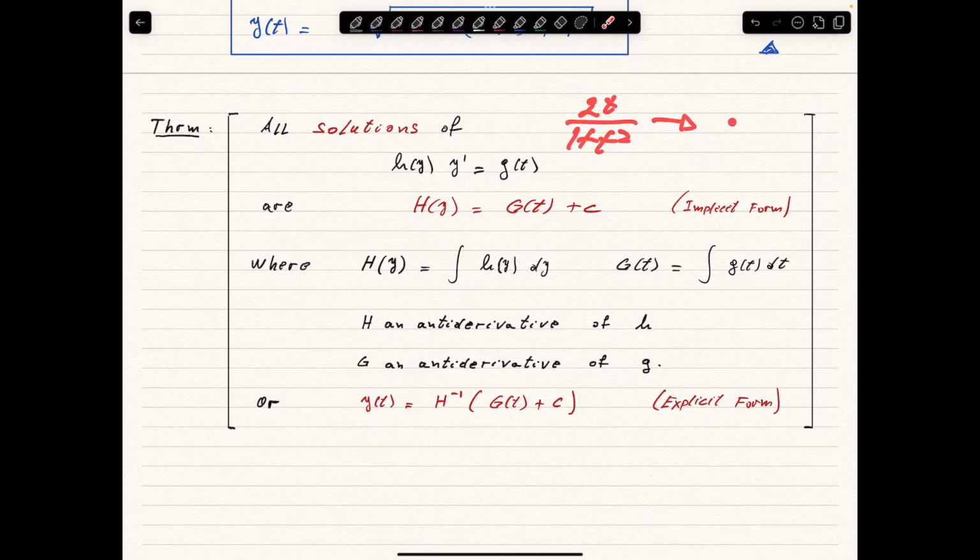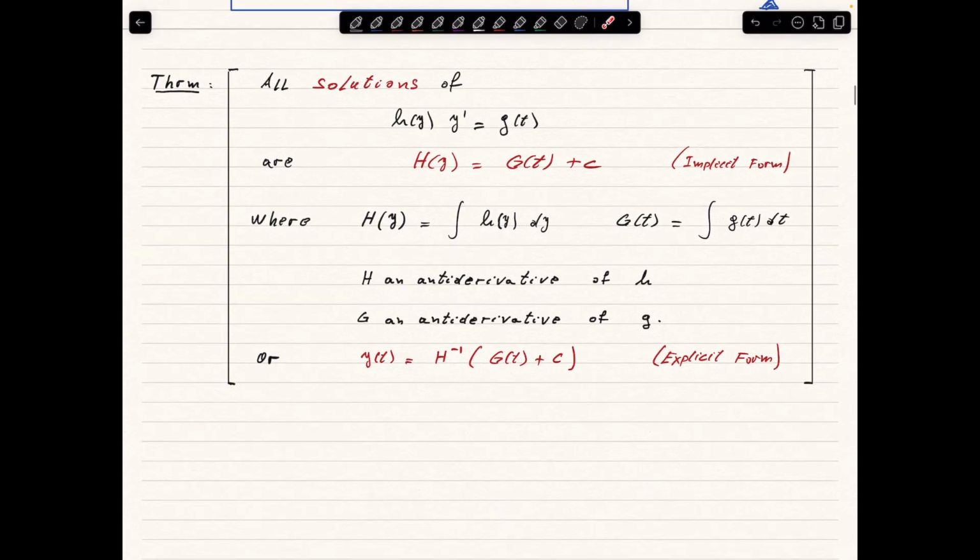Well, the antiderivative of that was the natural log of 1 plus t squared, which you can check by computing the derivative. And if this function happens to be invertible, you can move it to the other side, and this is the solution in explicit form.